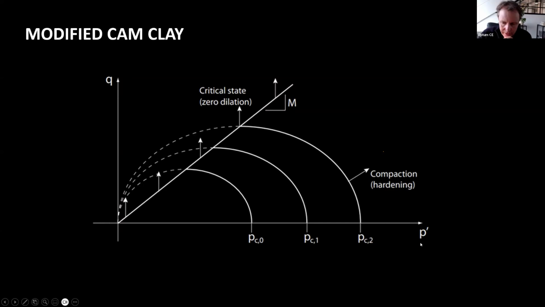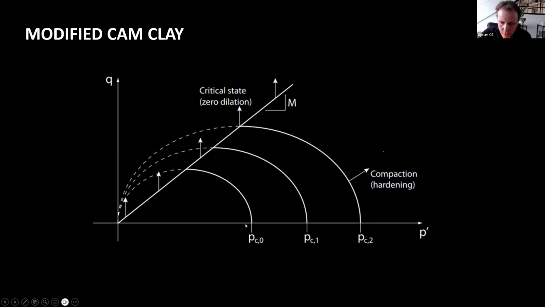Well, in PQ space, for those of you who are familiar with that, this is a Mohr-Coulomb failure line. In CAM-clay land, it's called the critical state line, but in our interpretation of the CAM-clay model, it is actually a regular Mohr-Coulomb failure line. You cannot cross that. And then we have these hardening caps that are these ellipses.